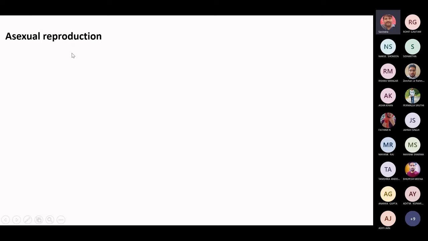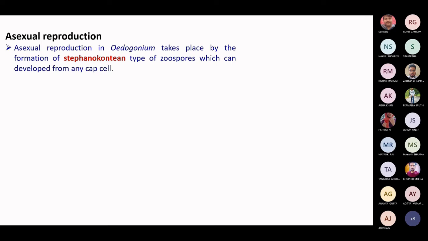Apart from that, asexual reproduction also takes place, and the main phenomenon is the stephanokontan type of zoospore. Now, who will tell me? Kanishka, you will tell me what is the meaning of stephanokontan type zoospore. Is there anyone who can tell me?